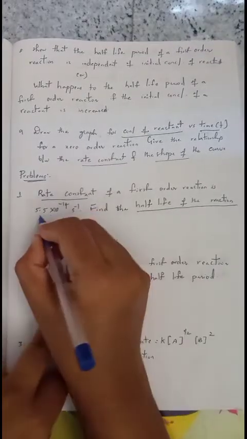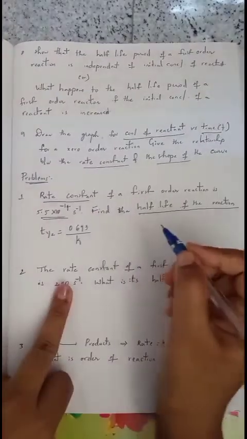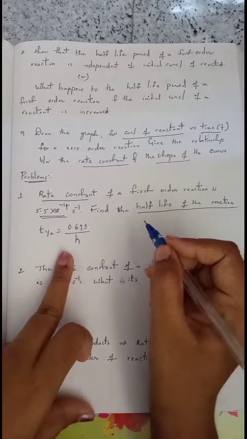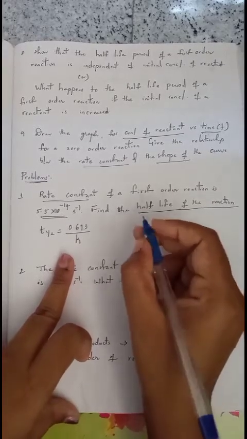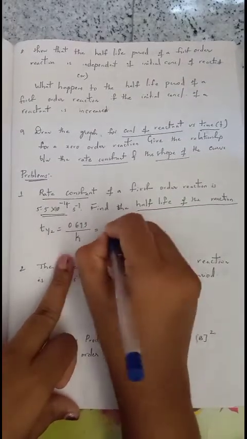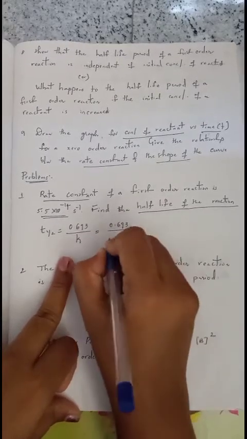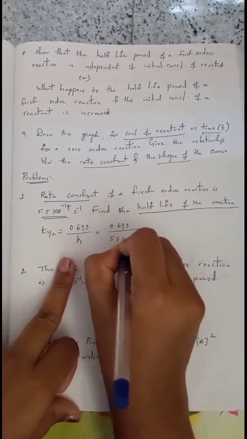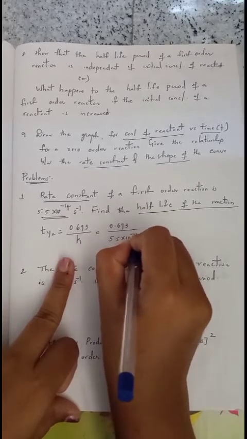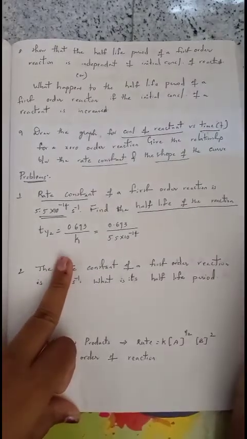The rate constant value is given. This is the rate constant K value: 5.5 into 10 to the power of minus 14. You just substitute: 0.693 divided by 5.5 into 10 to the power of minus 14 second inverse.